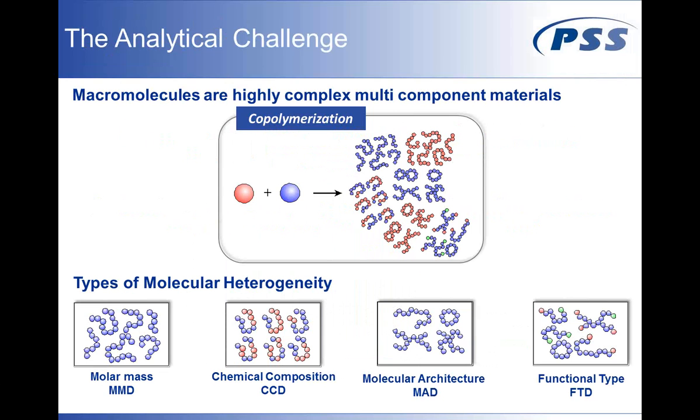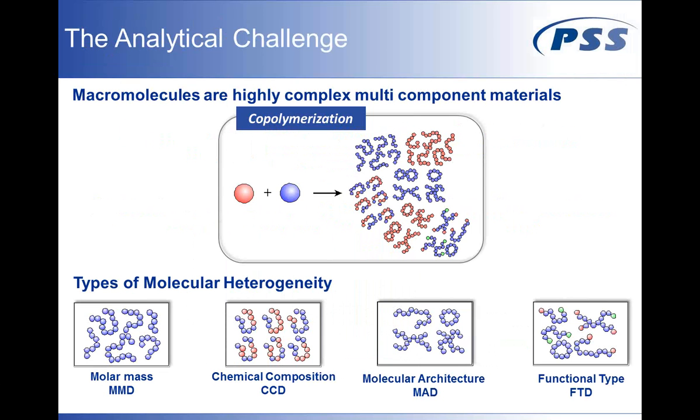If you like, and some people do that, you might create different architectures. You try to branch your polymers, you can create stars or something like that, and that might create chains which differ not only in molar mass, but also, for example, in the number of arms, in the number of branch points, and so forth, meaning what we have is a molecular architecture distribution.